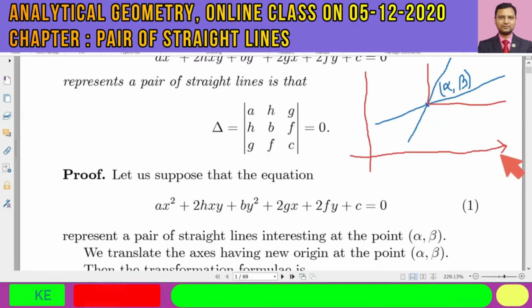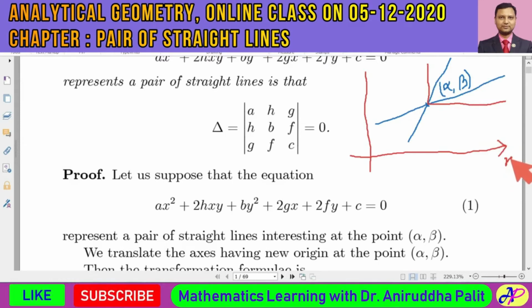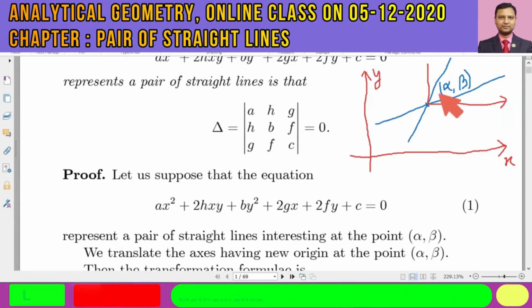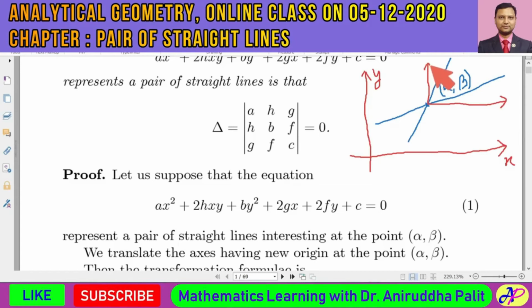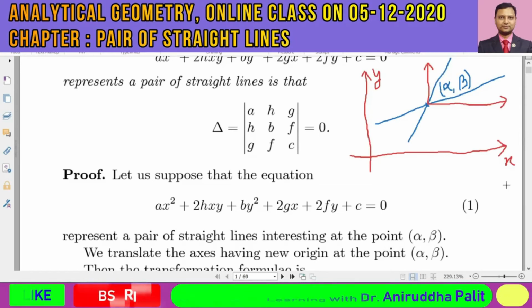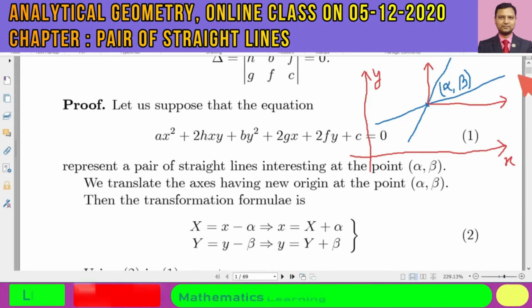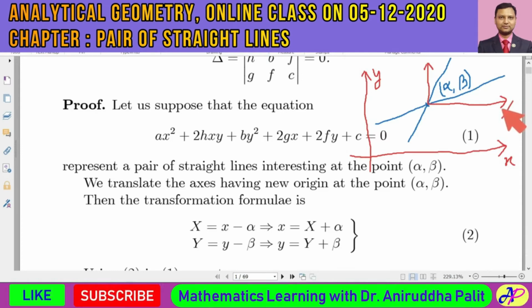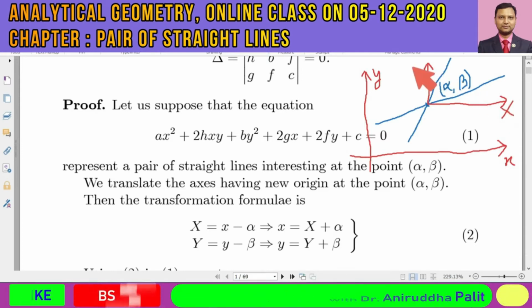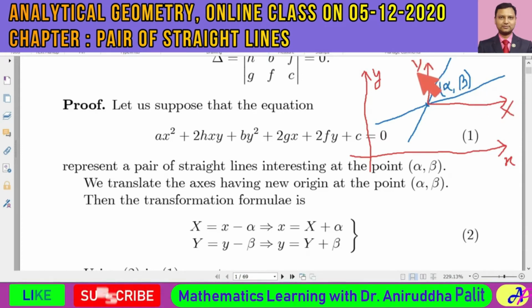So these are the x-axis and this is our y-axis, and these are a new set of axes, capital X and capital Y. So we can say that these new axes are the capital X axis and capital Y axis.